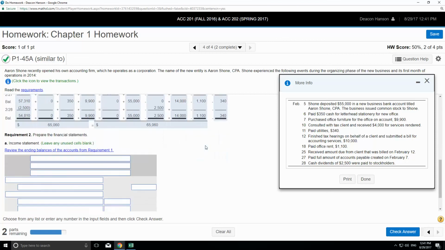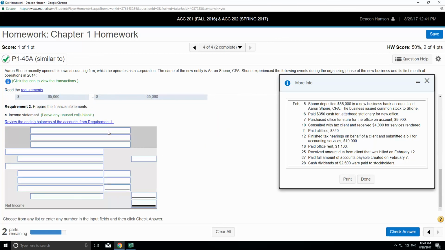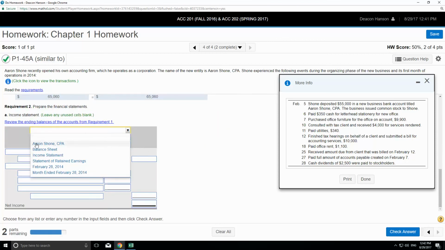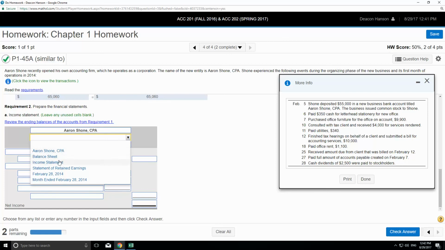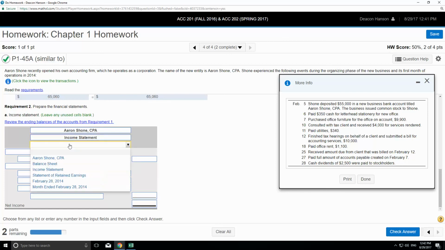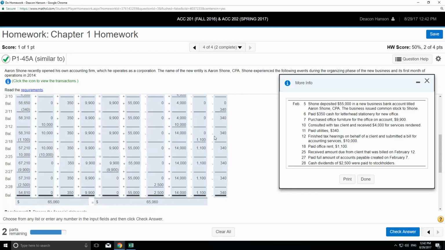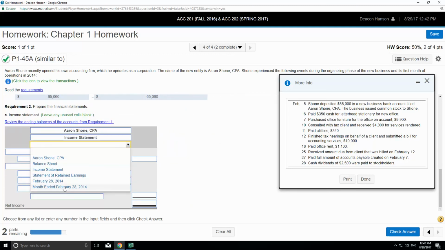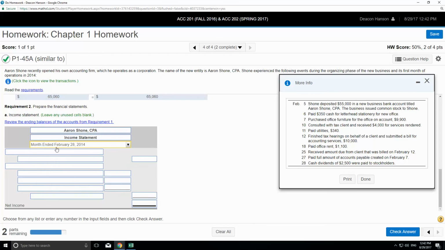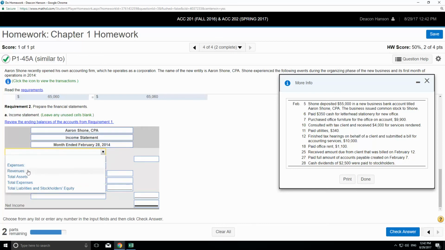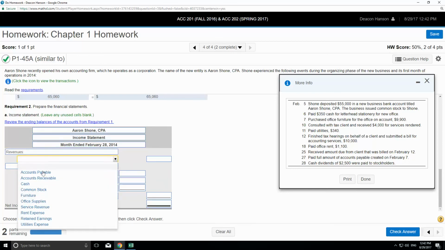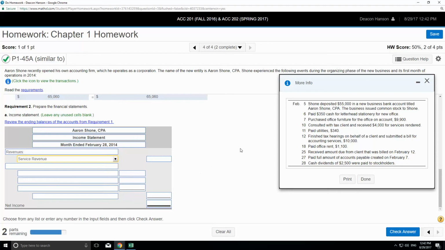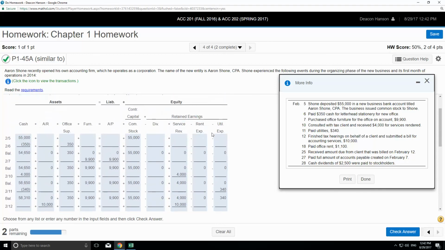Now we've got to make the income statement. So this is just like I showed you: company name, what the statement is, and is it February? Yeah, for the month ending February 28th. And then we'll start with our revenues, and we should have service revenue. You just come up and get it from your account balance.